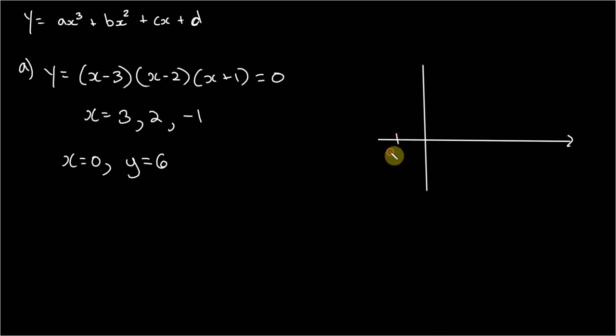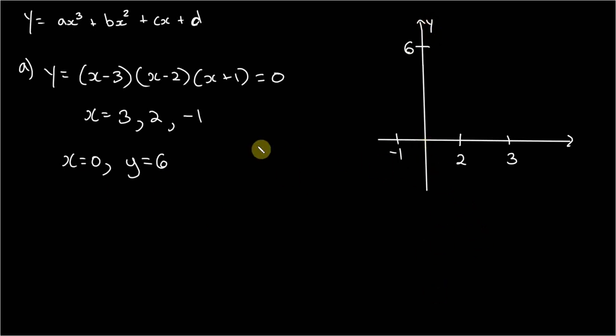Say this is -1, say that's 2, and that's 3, and I'm just going to extend this a little bit. Say up here it's 6, and that's the y-axis, like so, and of course that's the origin.